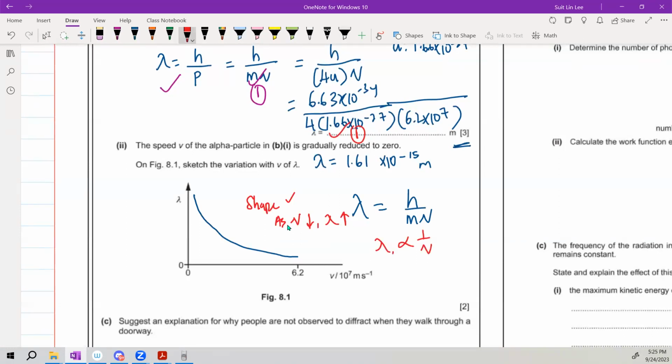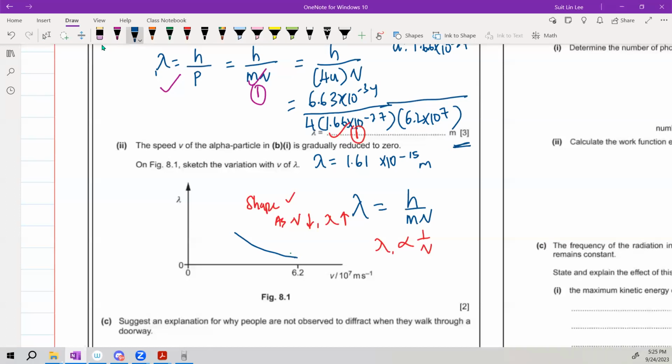Okay, and then the other mark is treating this like an asymptote. So let me try to draw it so that it looks like an asymptote. I should make sure that by the time I reach 6.2, it's not yet a plateau. But the other axis should look like a plateau.